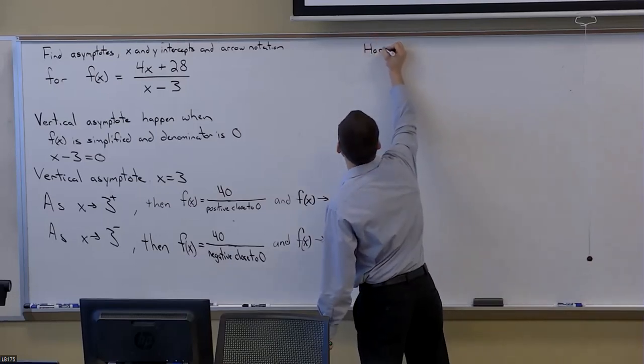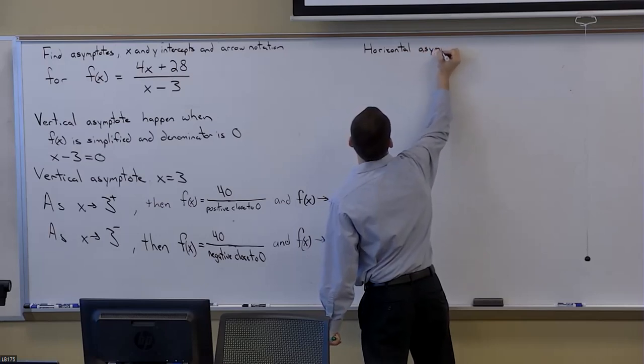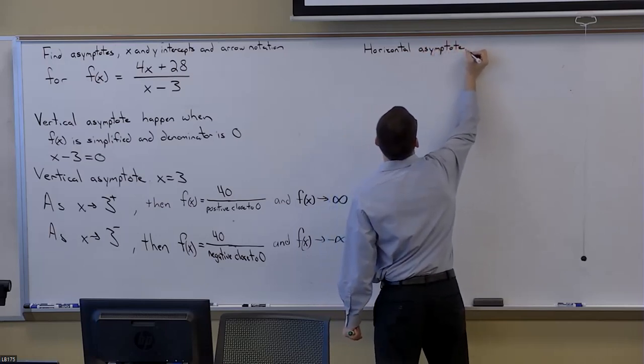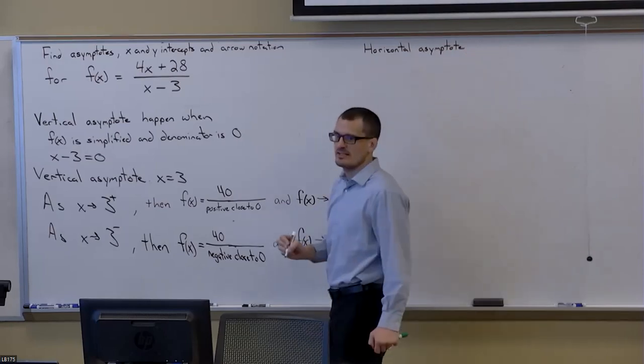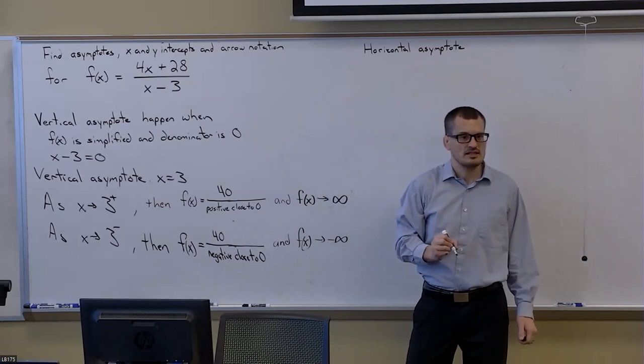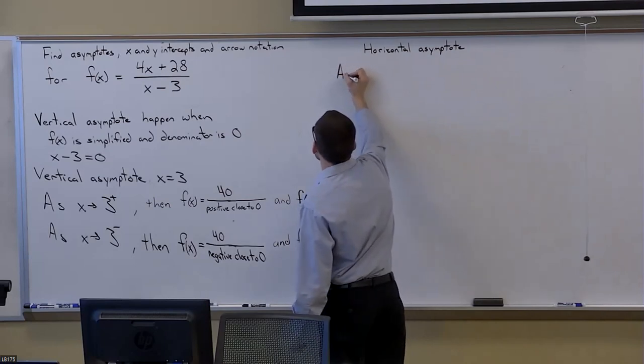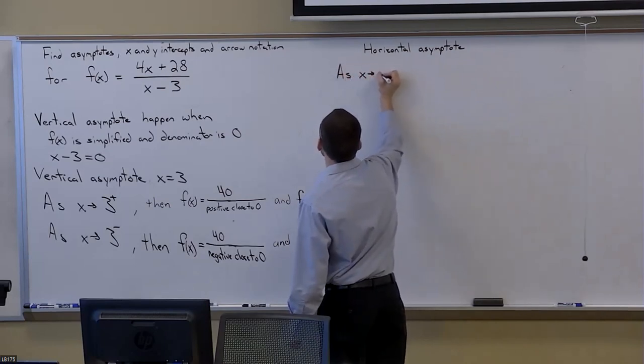Now, as far as the horizontal asymptotes, I'm going to shorten what I did from my last example. The way I'm going to shorten it is to say, as x goes to either positive or negative infinity.